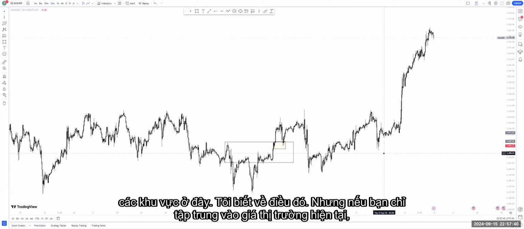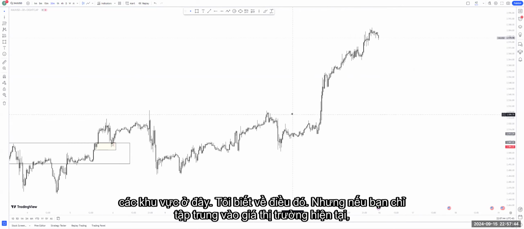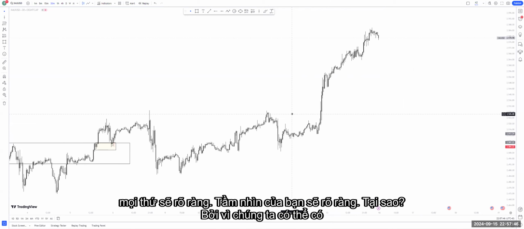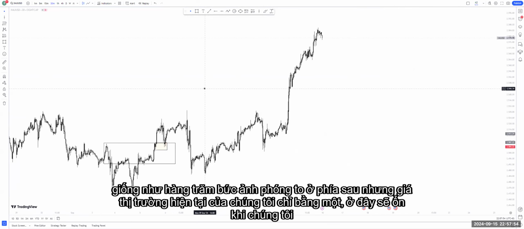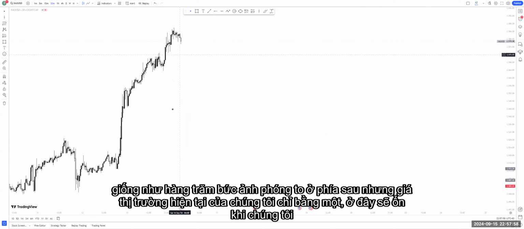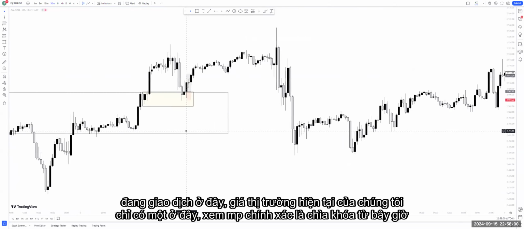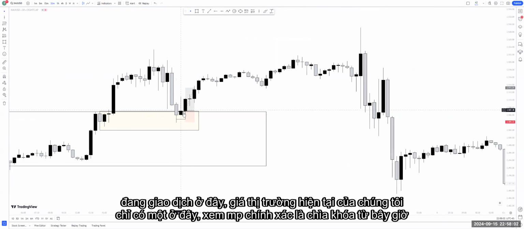But if you only focus on the current market price, everything is going to be clear. Your vision is going to be clear. Our current market price is only one. It's here. When we are trading here, our current market price is only one here. CMP is the key from now on.